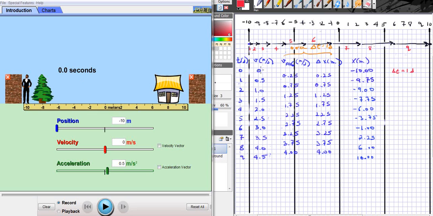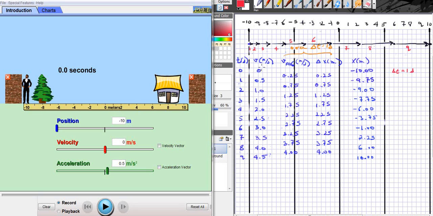And so what I've put together here is a situation where the man starts at time 0 at minus 10, and his velocity initially at time 0 is 0 meters per second. But then in every second, his velocity increases by 0.5.